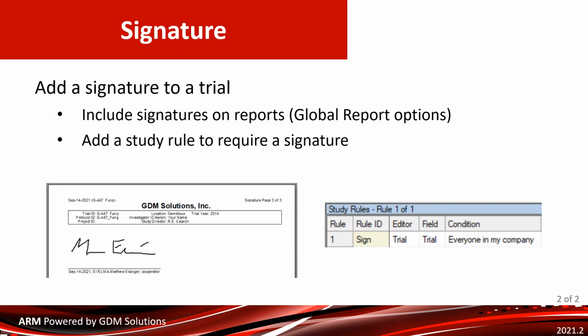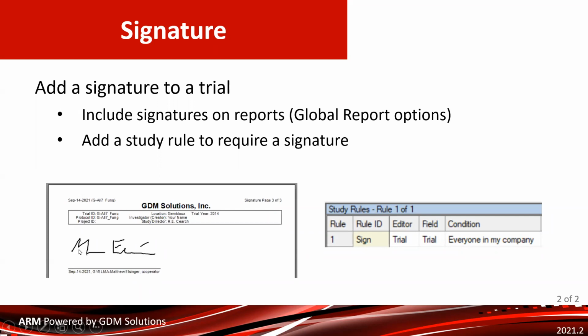So a couple kind of additional components to this feature. For adding your signature, you can include the list of signatures on reports. So you'll find in the global report options, there's a section to include signatures. And basically whatever reports that you're printing out, it'll just add a signature page at the very end of your printout.